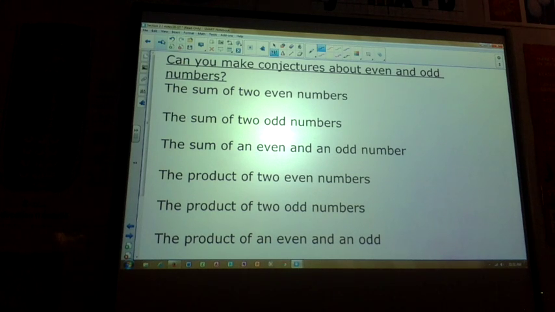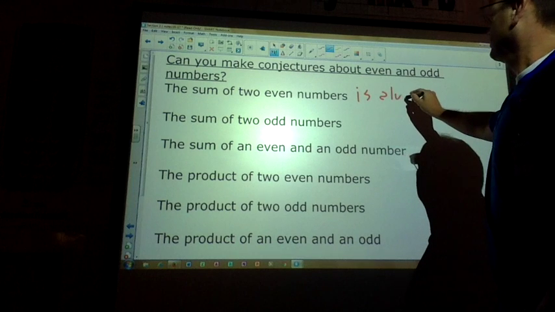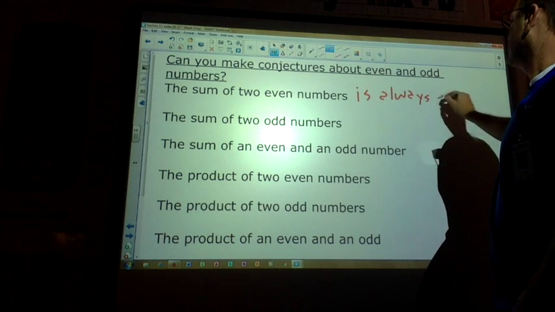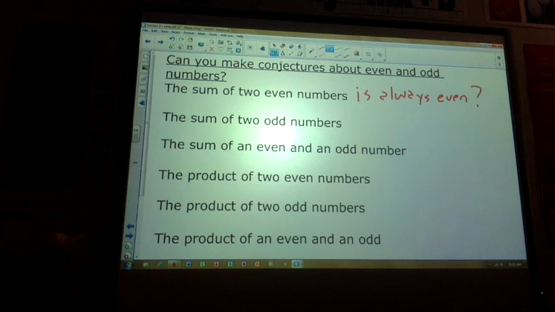Okay, so can we say that the sum of two even numbers is always even? Can anyone think of a time when it's not? What about if I went like 8 and 8? That's 16. Well, okay. I like that. I'm with it.